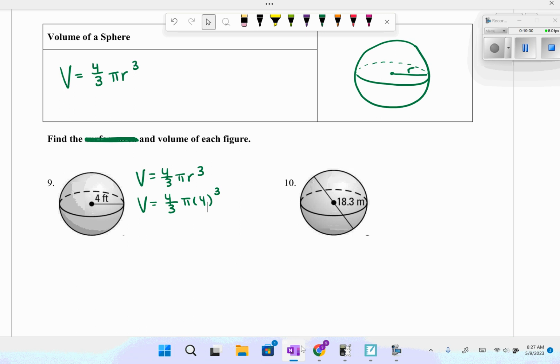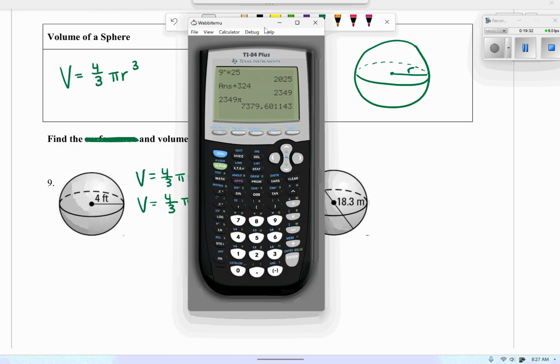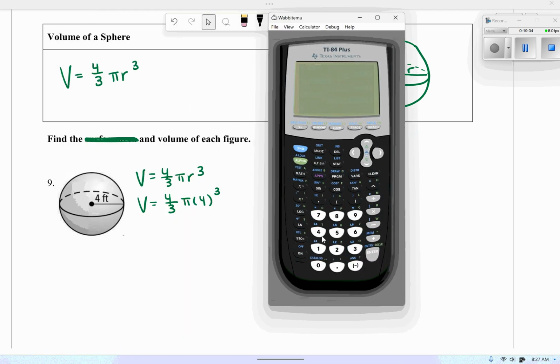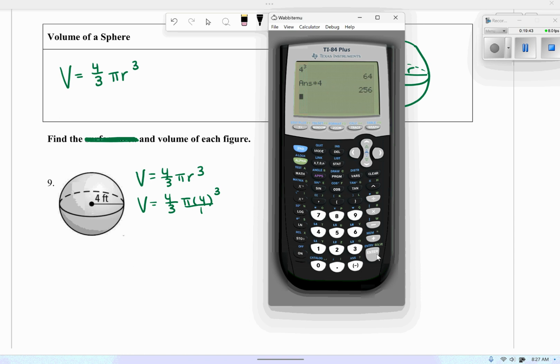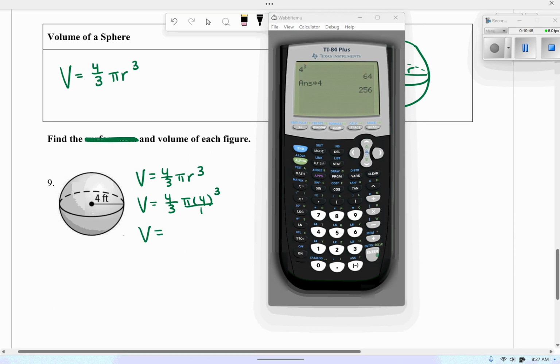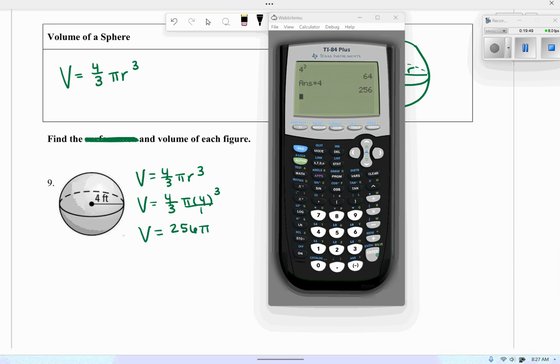So if we get our calculator, we have 4 cubed. And remember, this is all over 1, so that's all in the numerator, times 4. I'm going to leave pi in my answer. So we have in our numerator, the volume equals 256 pi divided by an inner denominator. 3 times 1 is 3.